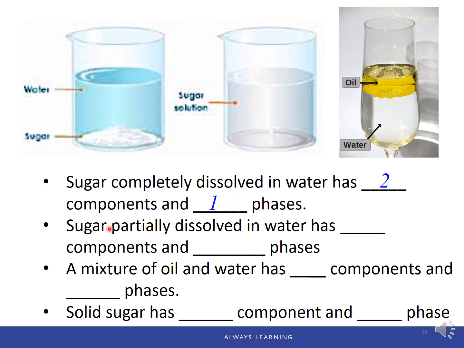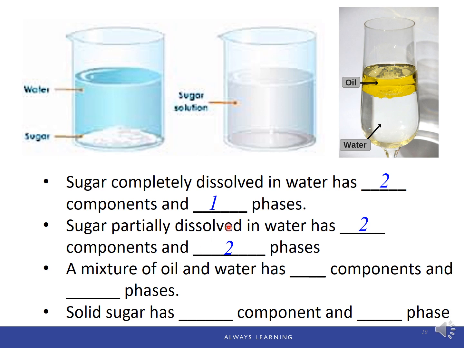And sugar partially dissolved in water, again, the components are sugar and water. So this is the system of sugar plus water. The components are always sugar plus water, two components, and the number of phases is two because it's partially dissolved. So we have a liquid plus solid phase.